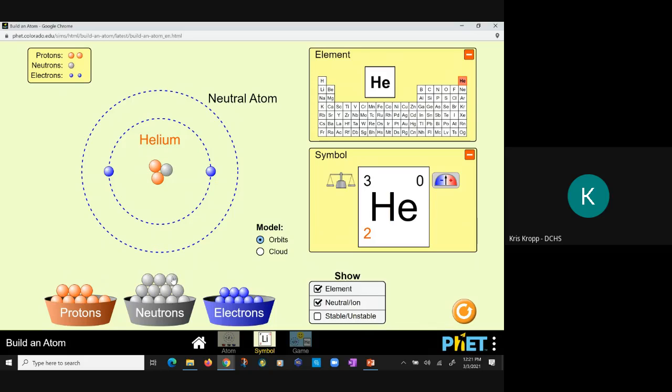All the mass comes from whatever's in the nucleus. If I add another neutron to the nucleus, notice that that mass number changes, goes up to 4. However many particles are here, that's my mass. Can I add a 5th one? Look at that, changes my mass. Okay, let's add another proton. Notice it changes the identity of the element. I go to lithium.